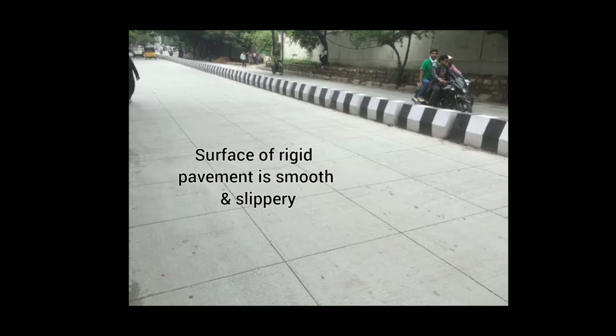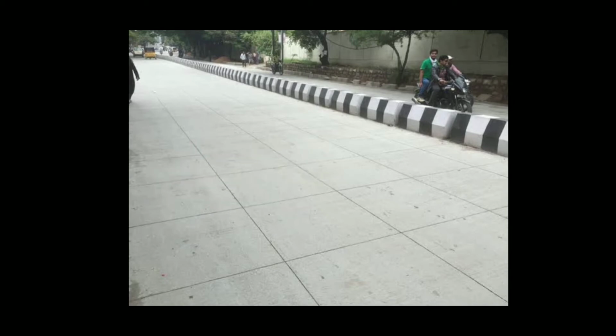And the surface of this CC pavement is likely to become too smooth and slippery, which you can see in this image also. This slipperiness and smoothness will develop during the long service life, and repair of this CC pavement is difficult or too expensive. Generally a long curing period of 28 days is required before opening to traffic.